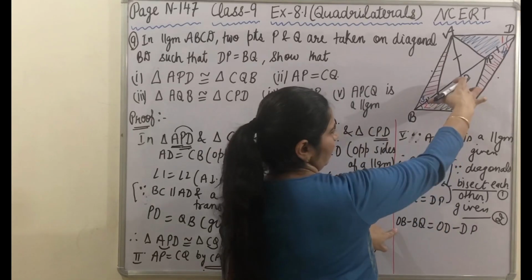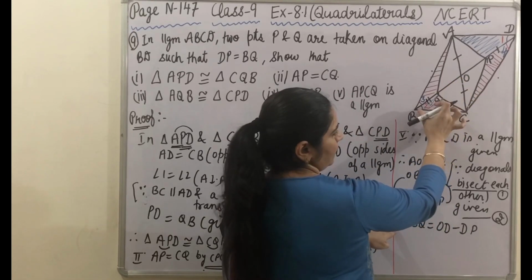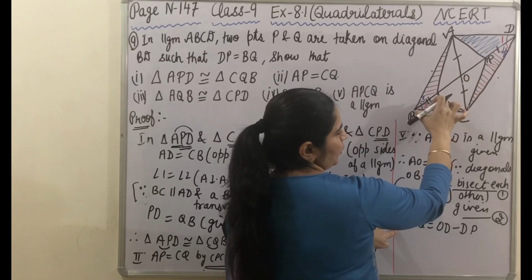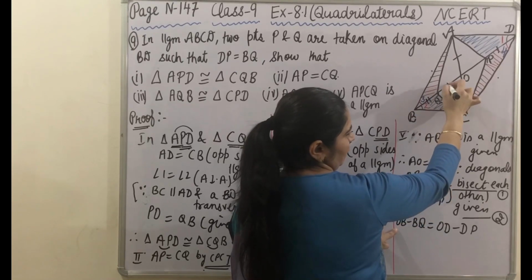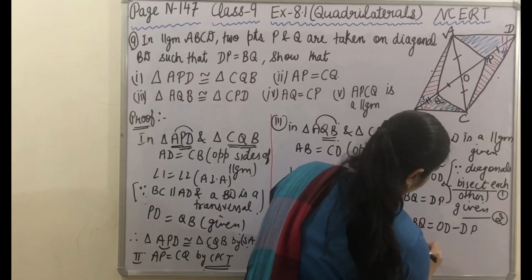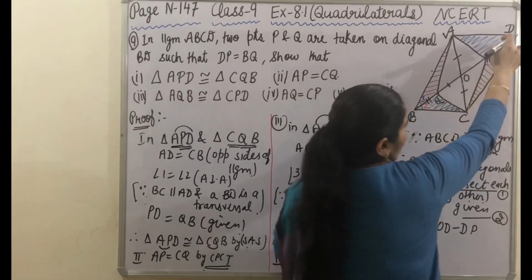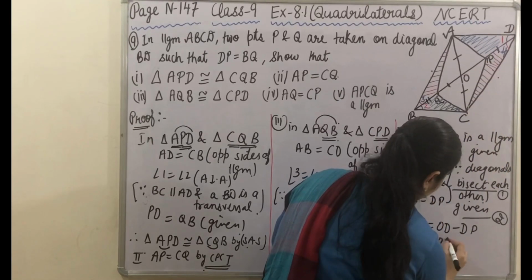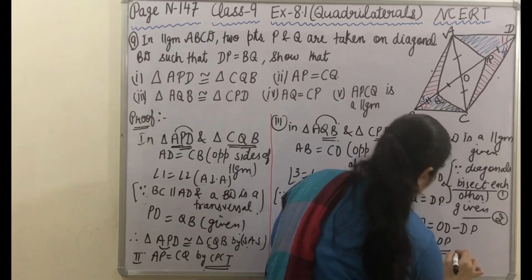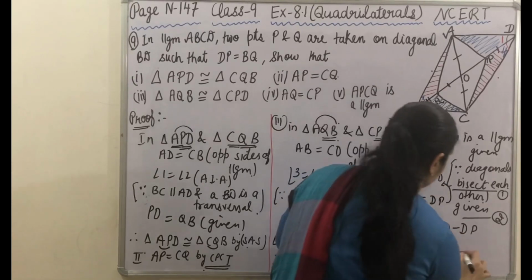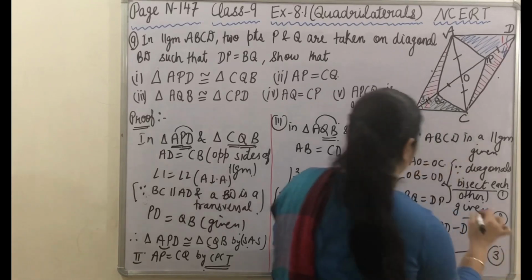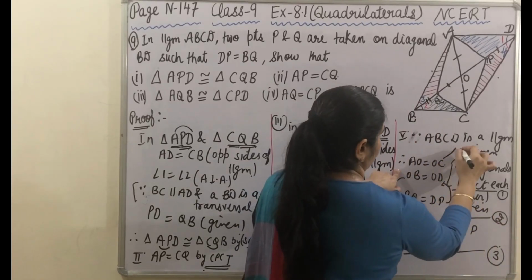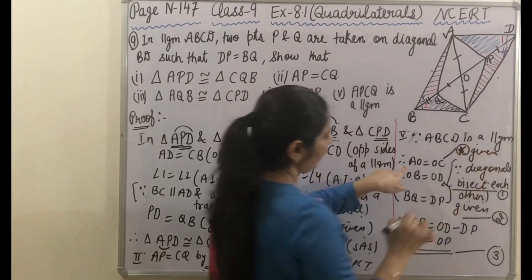Just look here, OB minus QB will be this side OQ, and similarly OD minus PD will be this side OP. Okay, now do the comparison of equation 3 and this equation. Here I am writing star.